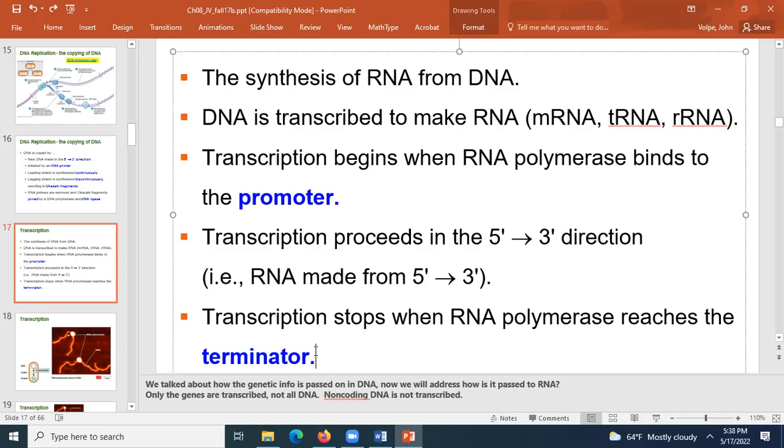And then the DNA, which are genes, we call that coding DNA. Any questions about any of that? The important part is that the non-coding DNA is not transcribed. And so for eukaryotes, most of the DNA is not transcribed. Any questions about any of that?